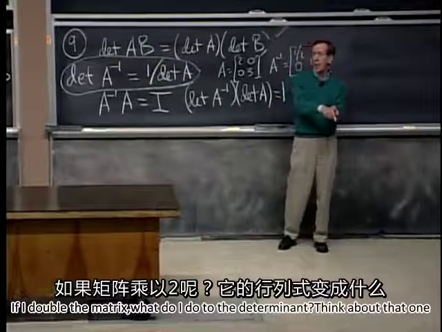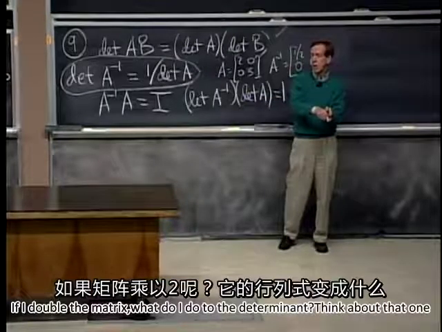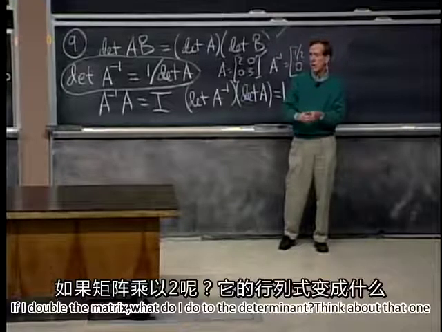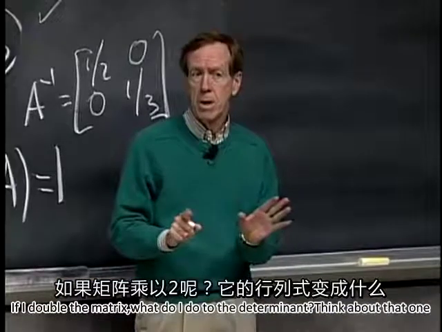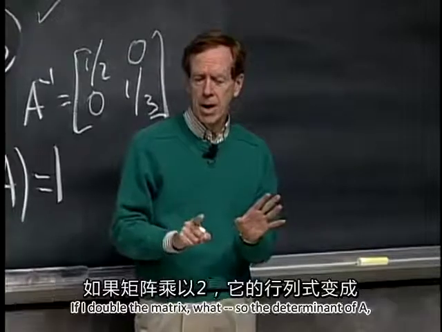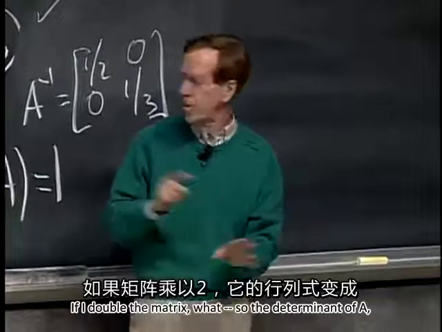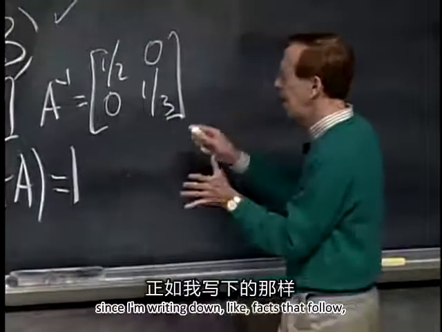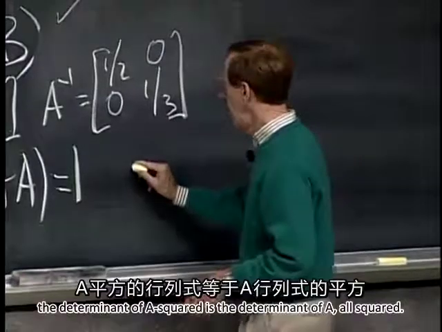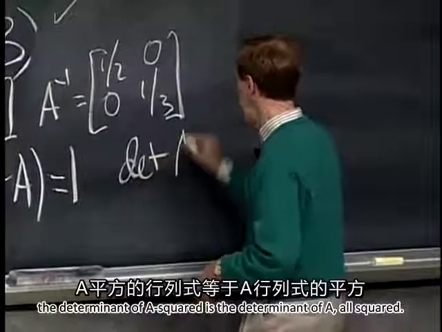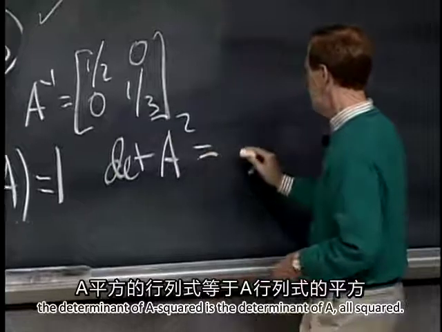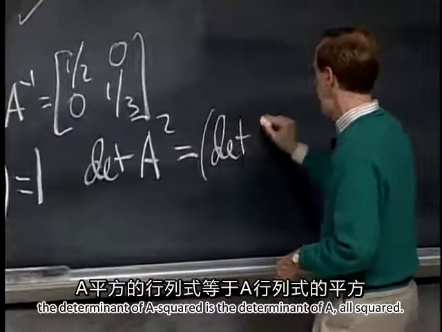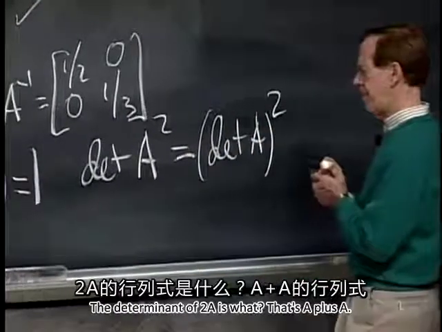If I double the matrix, what do I do to the determinant? Think about that. I'm writing down facts that follow. The determinant of A squared is the determinant of A, all squared.